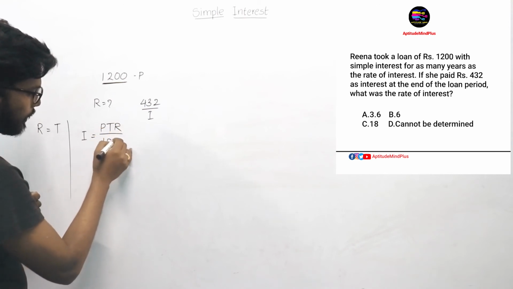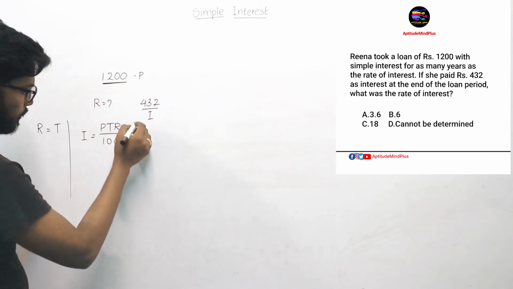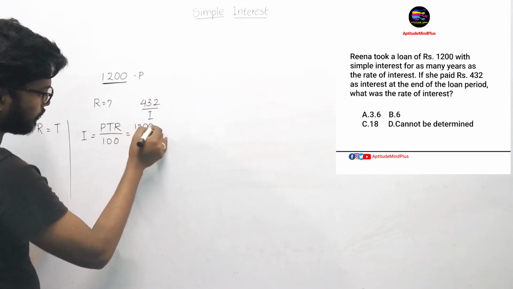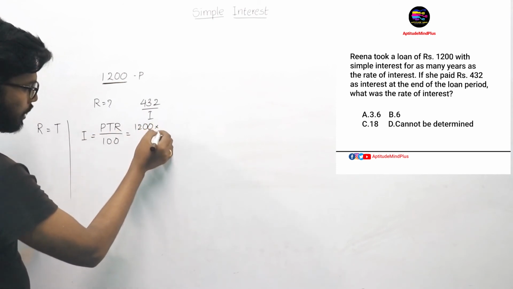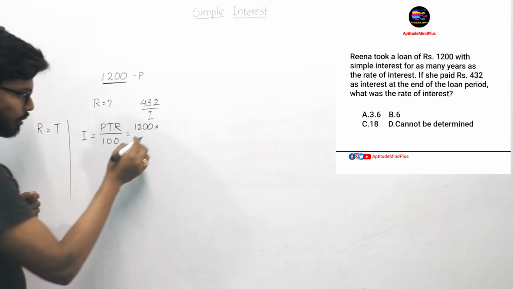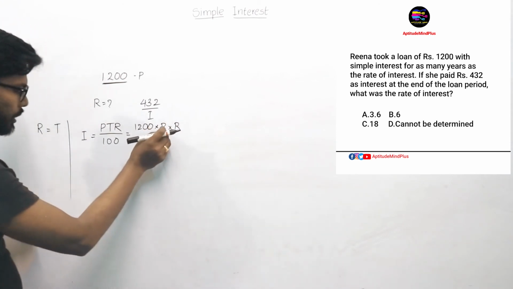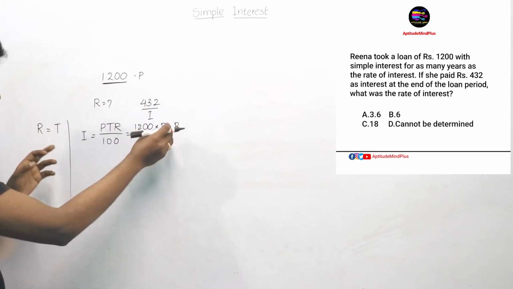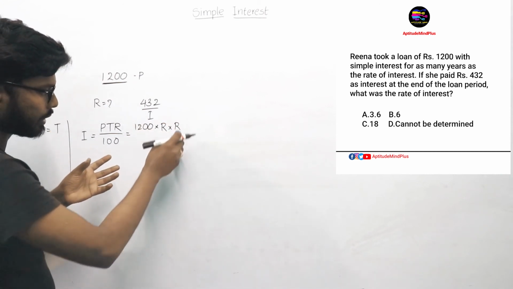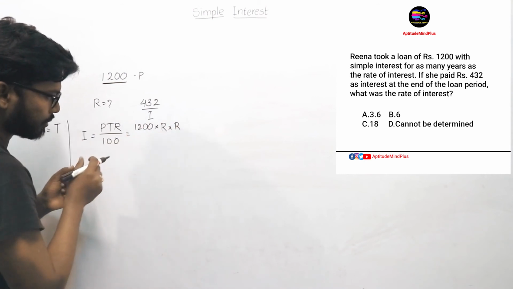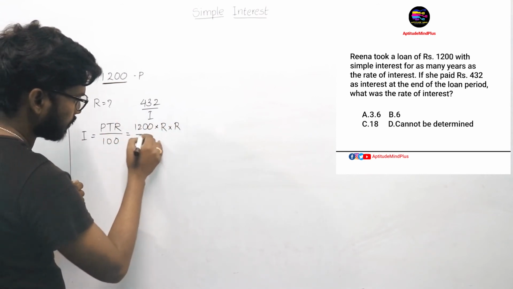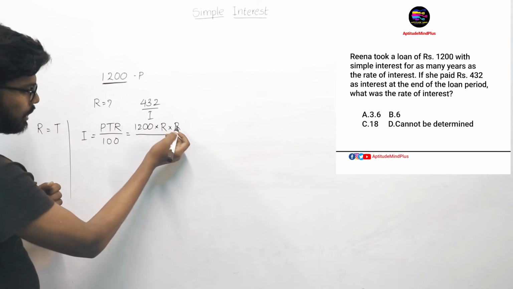Okay, so P is 1200, time and R are equal, so I am taking R into R. That means I am putting R in place of T, because in the question he is asking about the rate of interest, so that is why I have taken this. So you can put T and T also here.